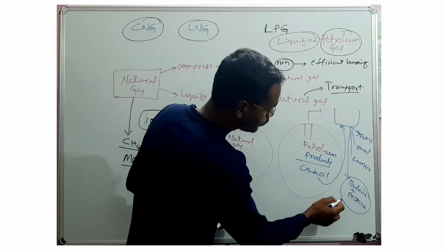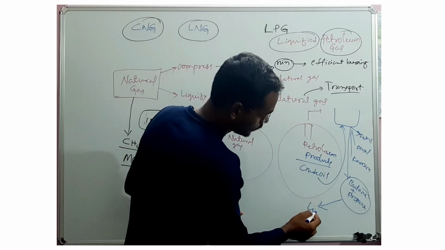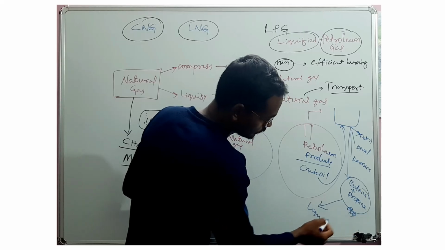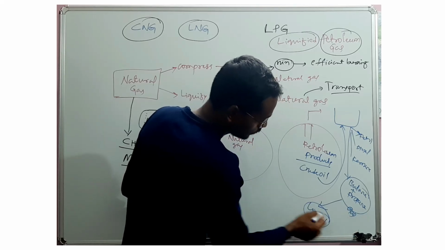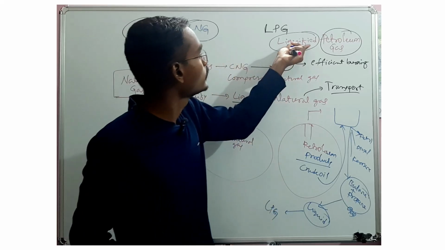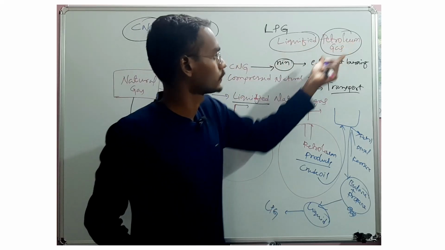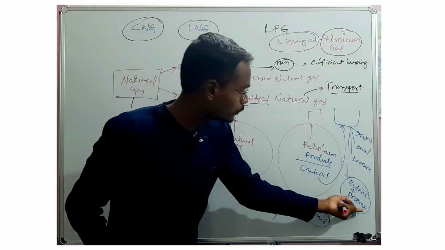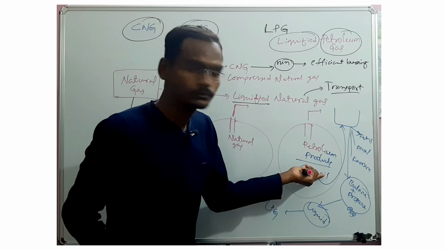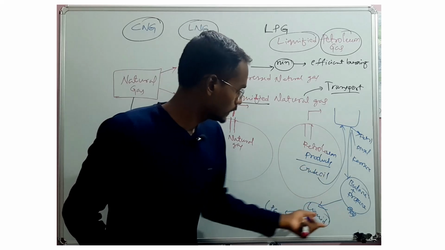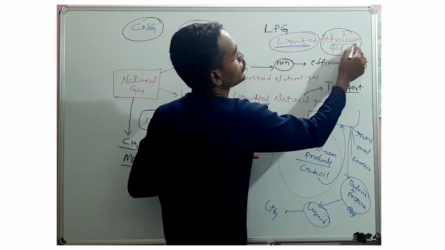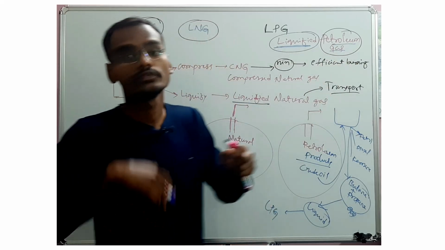When we turn this gas into a liquid, that forms LPG. That's why liquefied petroleum gas. Why petroleum gas? Because butane and propane are byproducts of petroleum, that is crude oil.